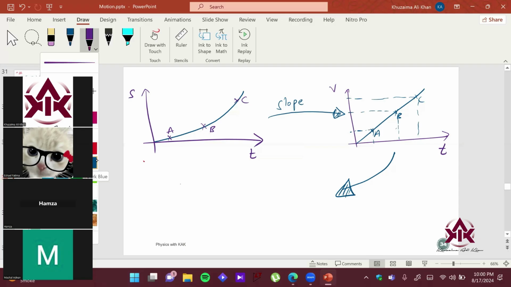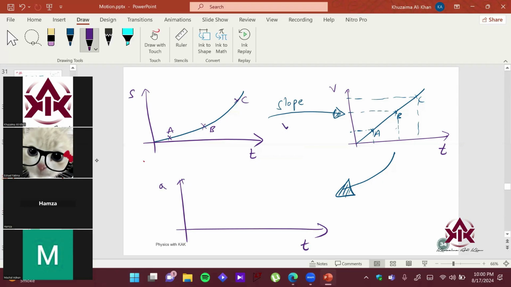That would be done again finding slopes, right? Let me tell you why am I linking with this. Sorry, acceleration time graph. What is speed? Speed is basically change in distance upon change in time, right? And this is equivalent to what? The slope of this graph, right? And how do we find acceleration? It's the change in velocity upon change in time, right?